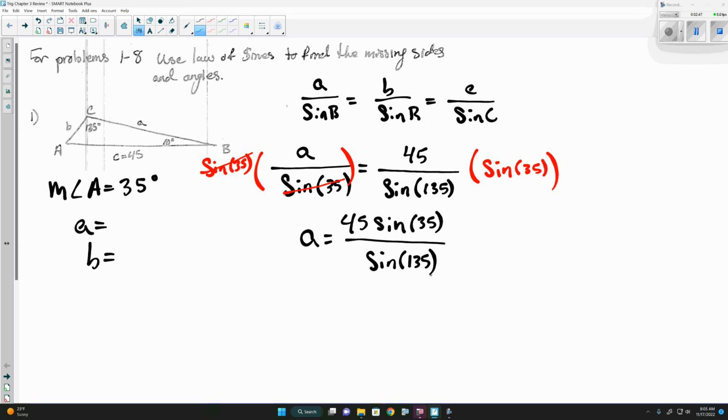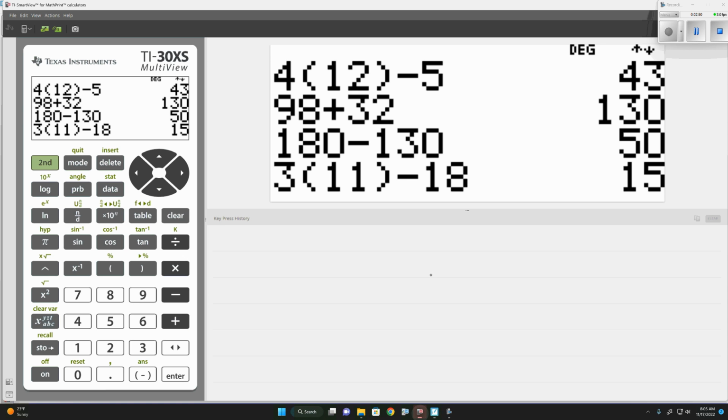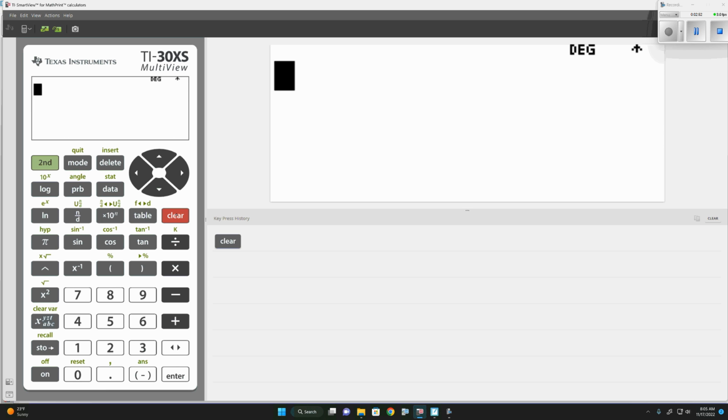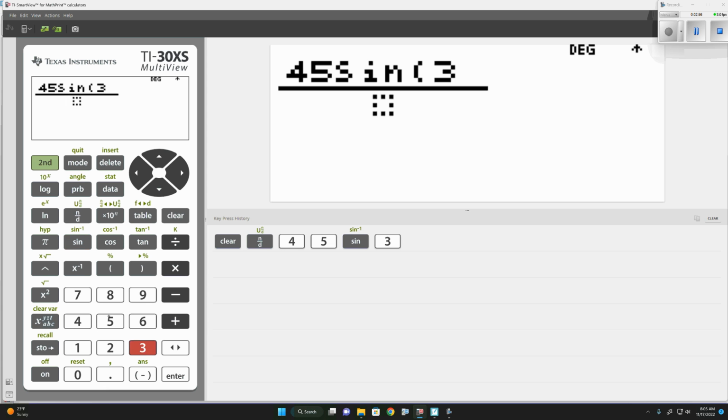At which point we can plug it into the calculator. Clear that out. So we hit our fraction, 45 sine of 35 degrees over sine of 135.